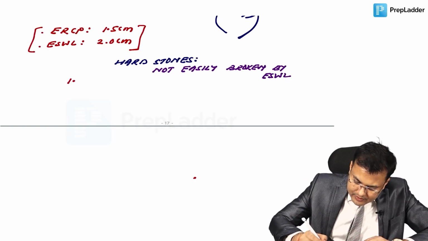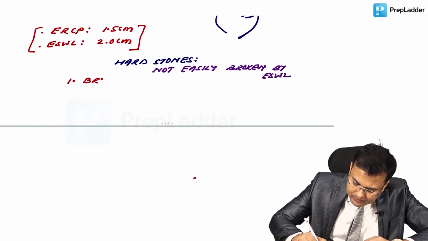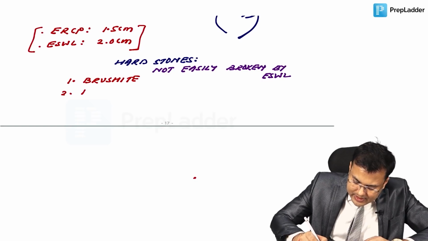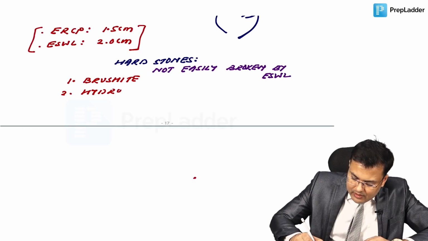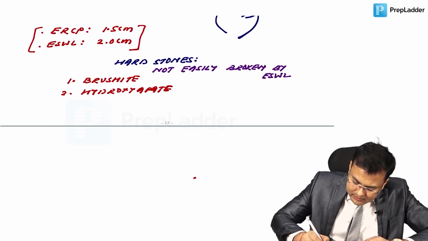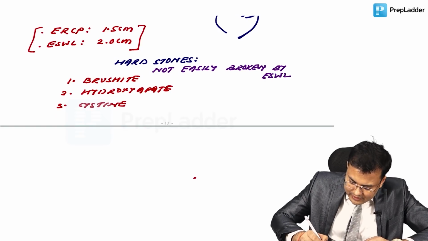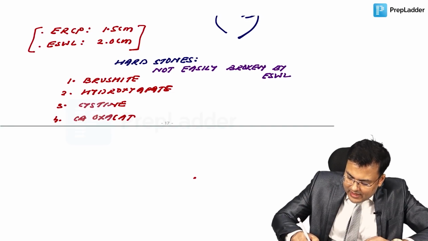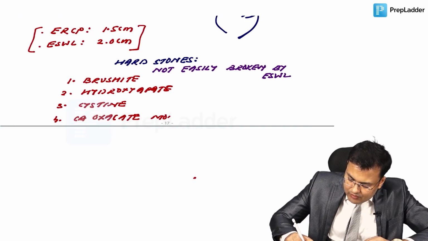First, brushite. Second is hydroxyapatite. And third, cysteine. And the fourth is calcium oxalate monohydrate. Right?